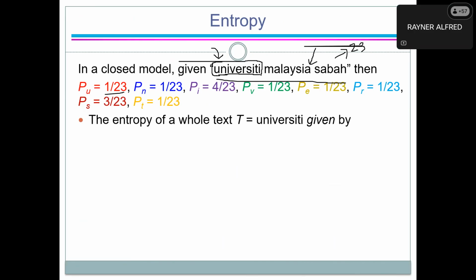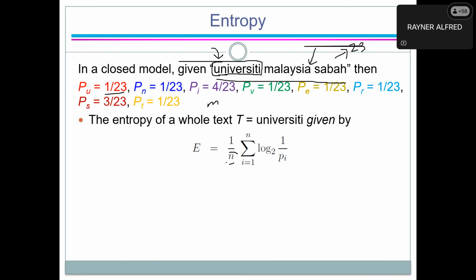So the entropy can be computed here by using this formula. The N here refers to how many symbols we have. In this case, we count 1, 2, 3, 4, 5, 6, 7, 8, and M, no, that is 10.